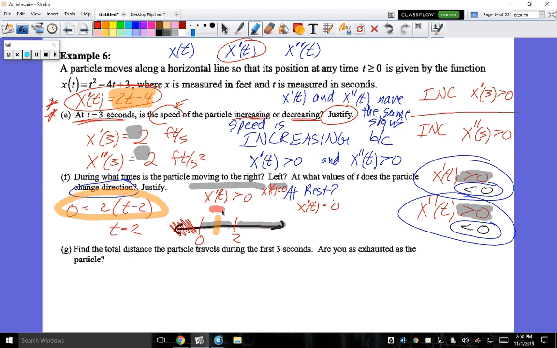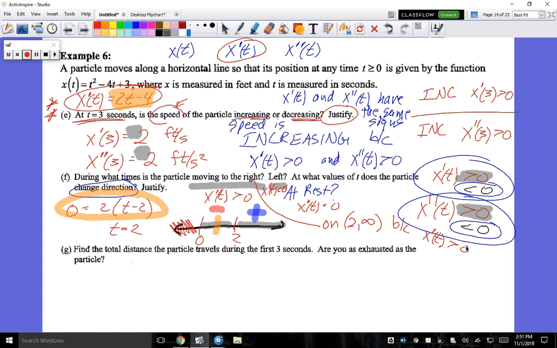A positive. So we're going to say that it's moving to the right on (2, infinity) with parentheses, because x prime of t is positive.